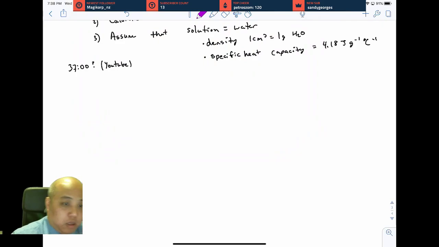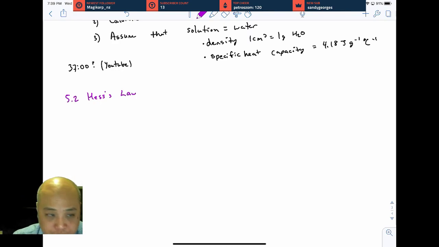Okay. So the second idea, and this is 5.2, which is Hess's law. Now, Hess's law depends on a couple of concepts.